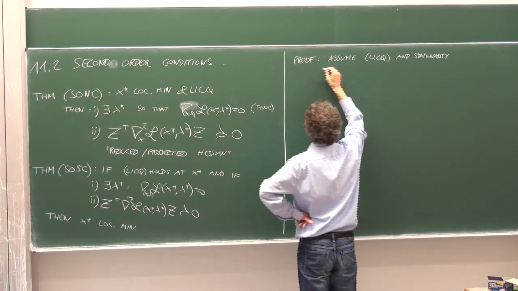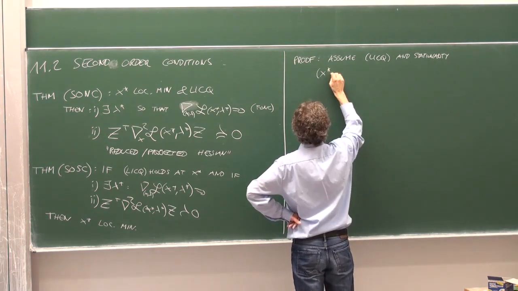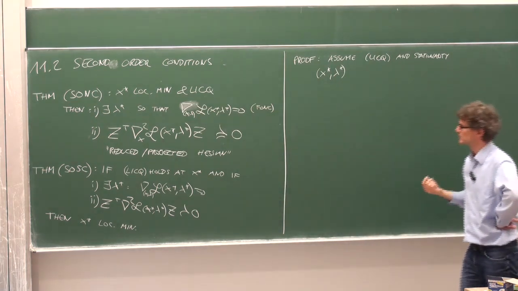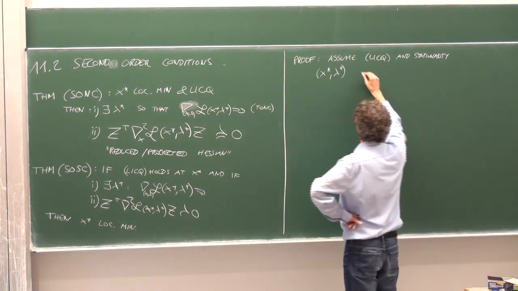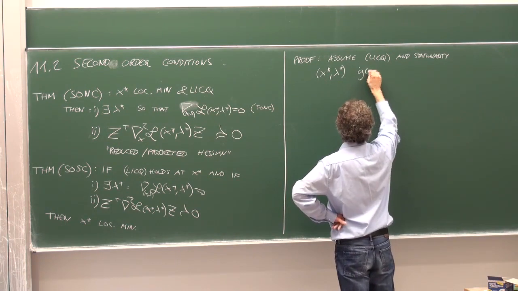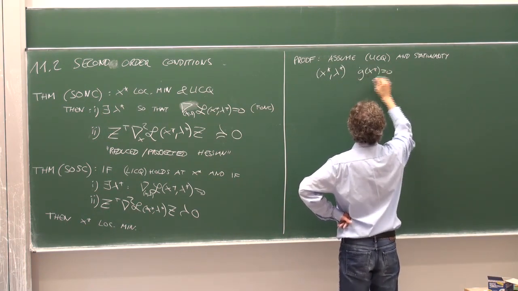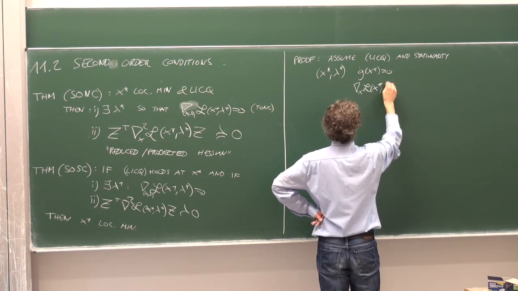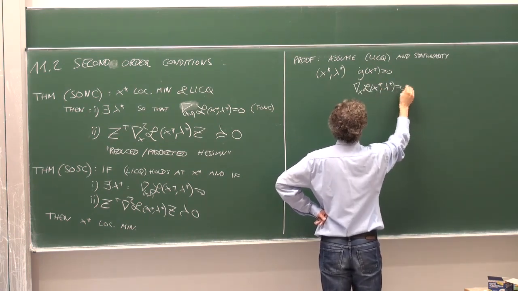That means we have a pair of x star and lambda star, they exist, we have them already, and they satisfy that g of x star is equal to 0 and that the gradient of the Lagrangian at this point is also 0.